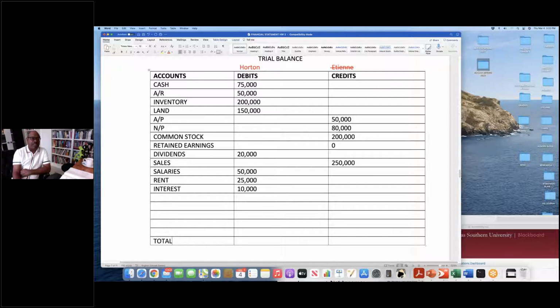Total trial balance debits should be 580,000. What are the credits? It should be the same number. I did it on the Excel, so that's how I know it's the same number. Excel can help.